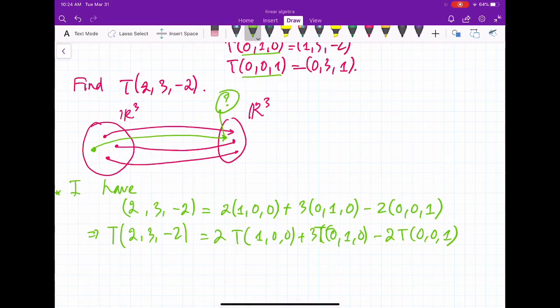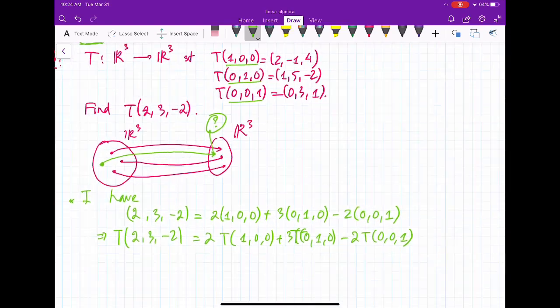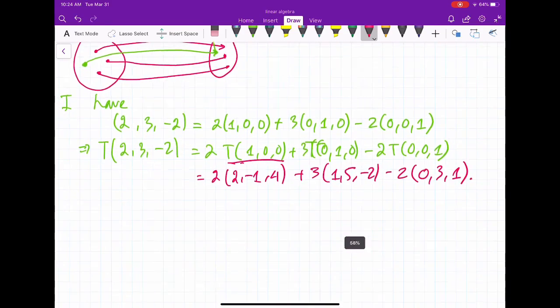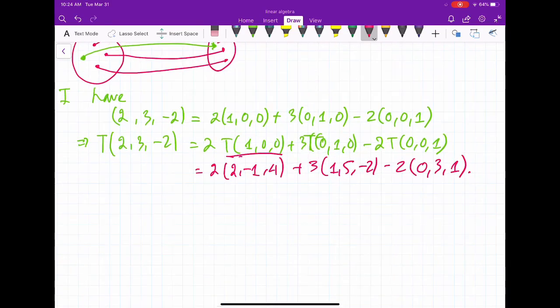And we already know the images of the vectors in the standard basis. This is just 2 times (2, -1, 4) plus 3 times (1, 5, -2) minus 2 times (0, 3, 1). Let's sum them up. We get the answer to the problem. So I have 2 times 2 plus 3 times 1 minus 2 times 0.